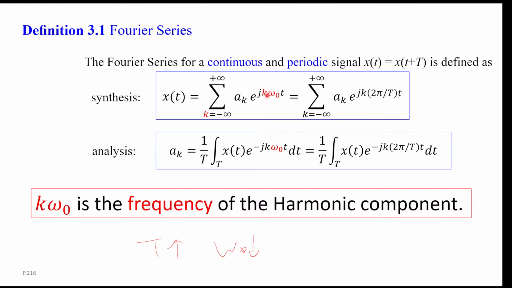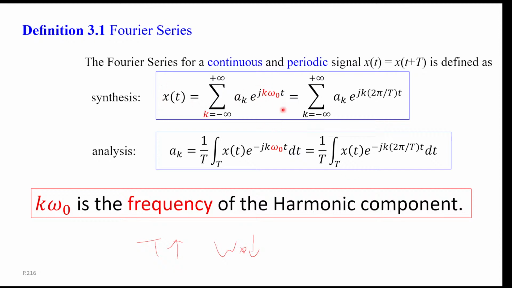We just saw this. Now we take this period big T to infinity, and think about a signal with infinitely long fundamental period, which is basically a signal that's not periodic, or aperiodic. Remember k omega naught will become the frequency, the frequency of the harmonic component, right?